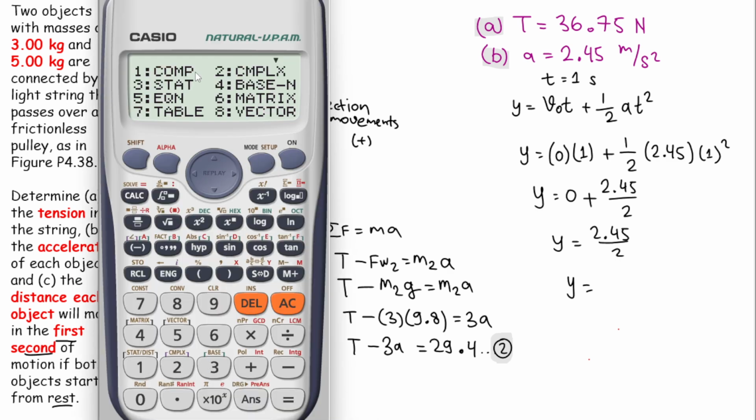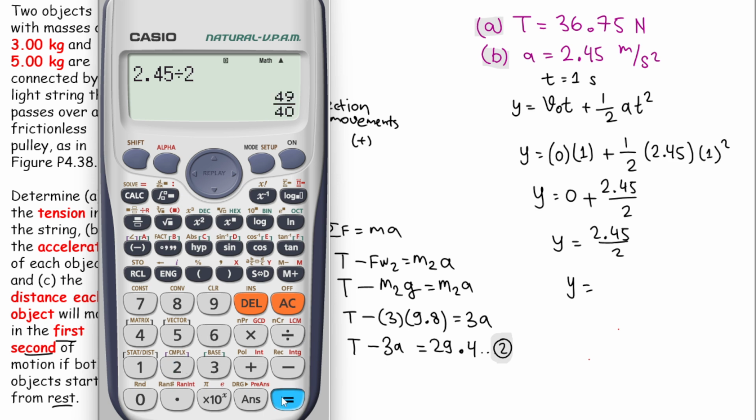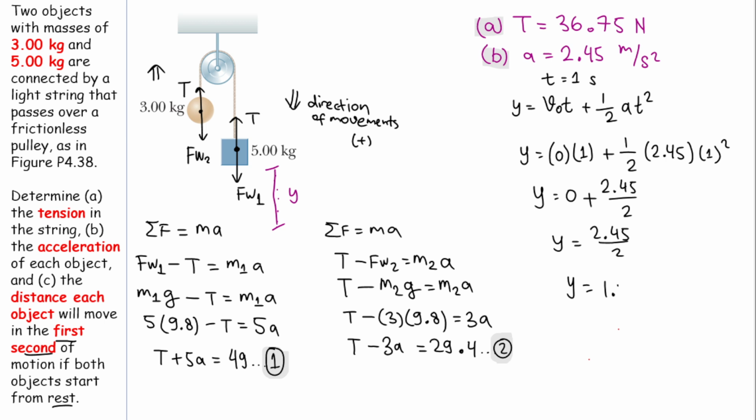Okay, let's set this up, computation is number 1, 2.45 divided by 2, and that will equal 1.225, 1.23 I think meter. And that is the answer for question C.